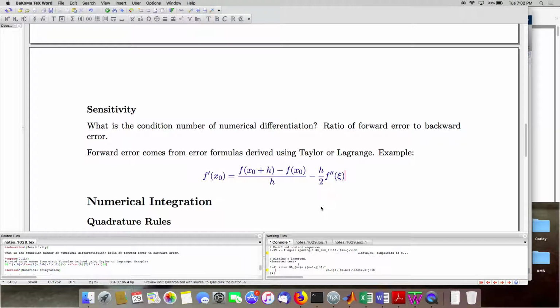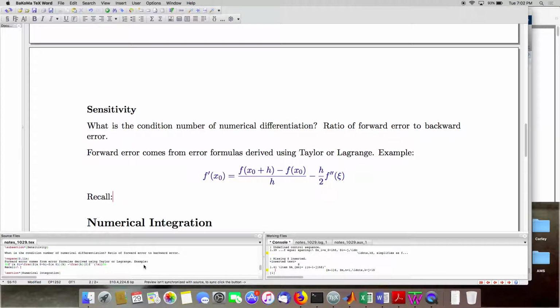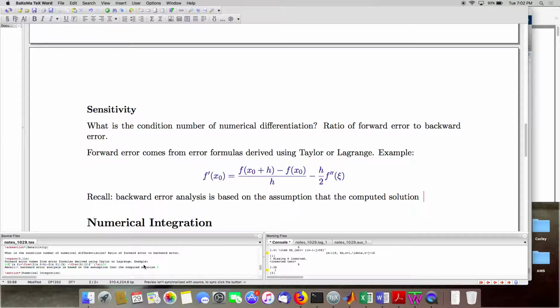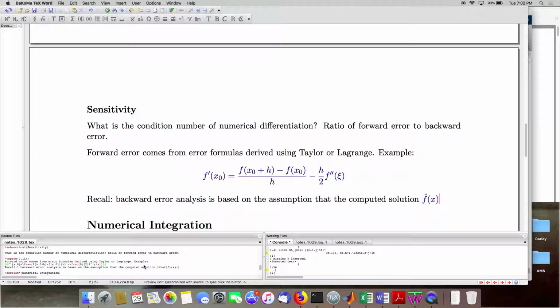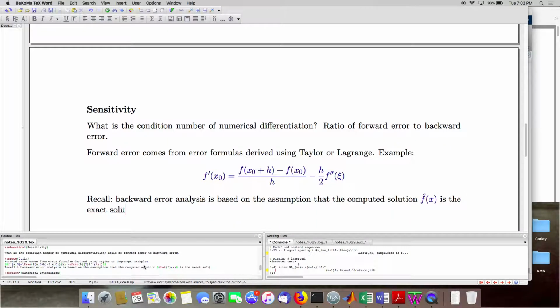So what about the backward error? What could that possibly be? For that, we note the following: backward error analysis is based on the assumption that the computed solution, and using more general notation from back in chapter 2, hat f of x, is the exact solution of a nearby problem.